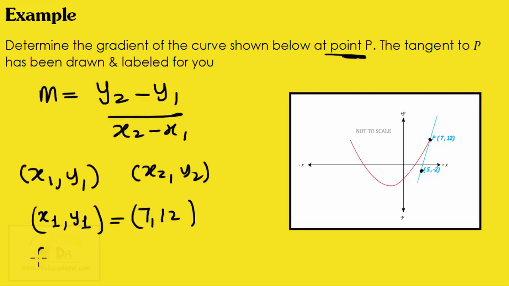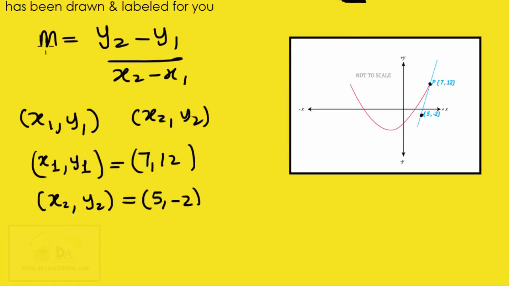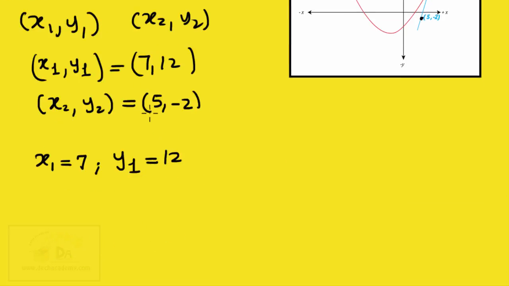And let x2, y2 be (5, -2). We want to find m, the gradient, so we need y2, y1, x2, and x1. From here, we can tell that x1 is 7, y1 is 12, x2 is 5, and y2 is minus 2.